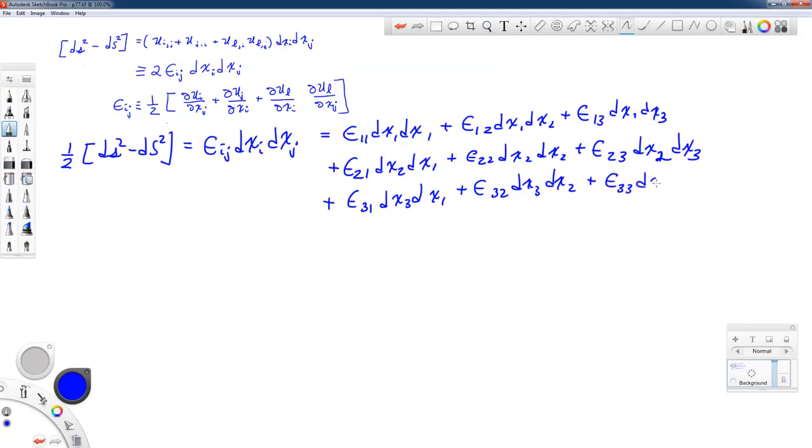And we have the last one, epsilon 3 dx3 dx3. Now since the tensor is symmetric, we can do a little bit of manipulation with this. We can lead off with our 3 terms that look like the 1, 1, the 2, 2, and the 3, 3 terms.